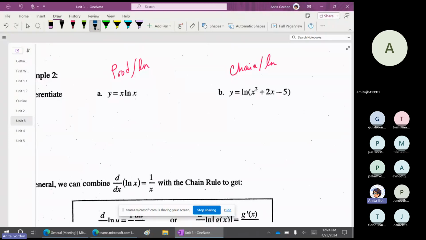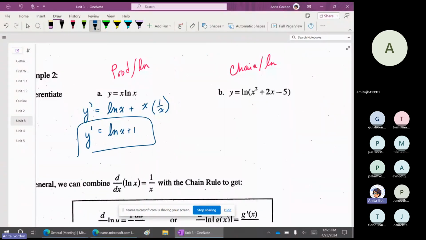Okay. So derivative of the first thing is 1 times ln x plus x times 1 over x. So y prime is, beautiful, ln x plus 1.